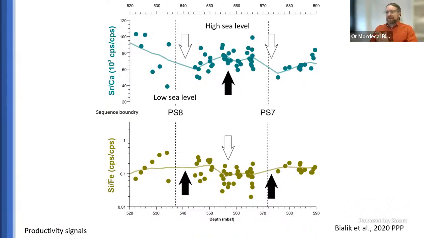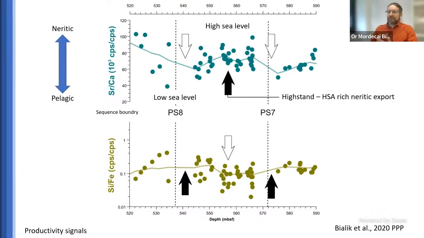And going from top to bottom, the strontium calcium traces the ratio between neritic, which is rich in high strontium aragonite, and pelagic, which is richer in low magnesium calcite.